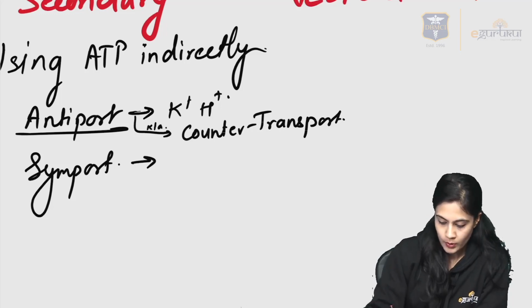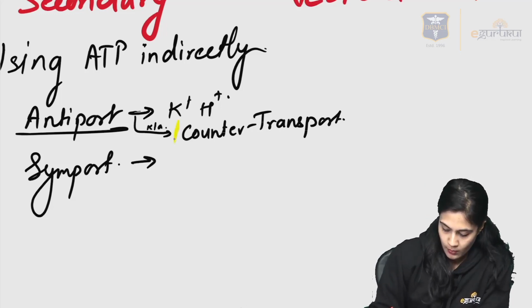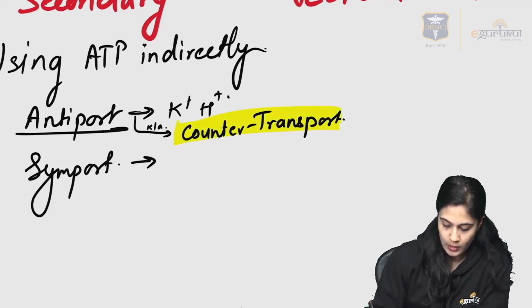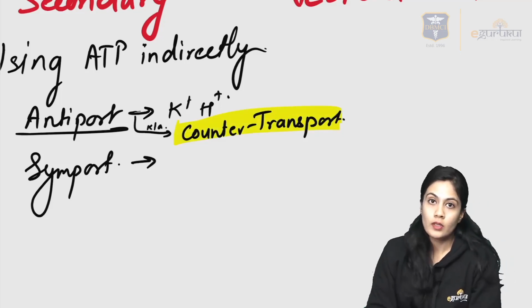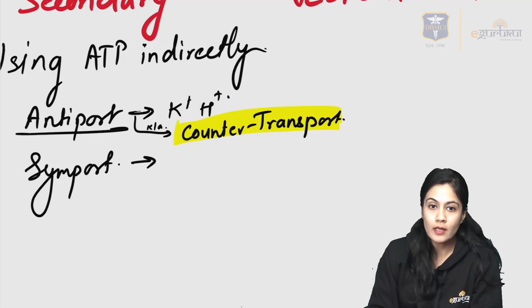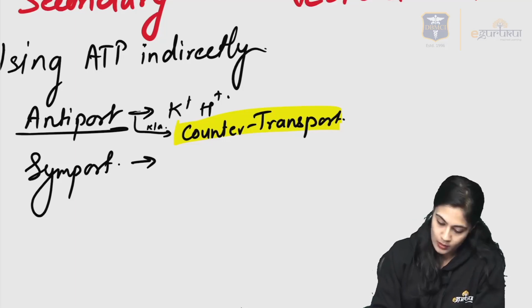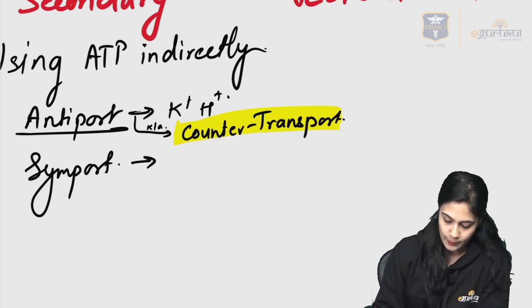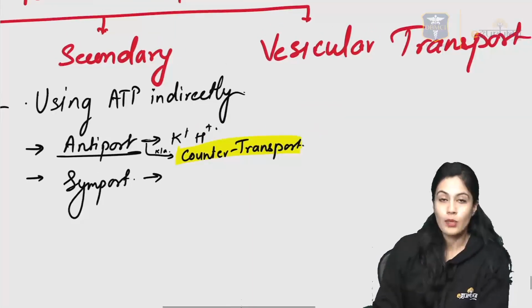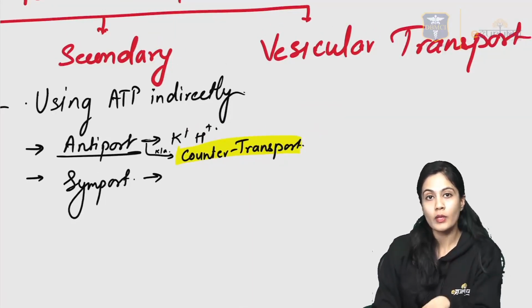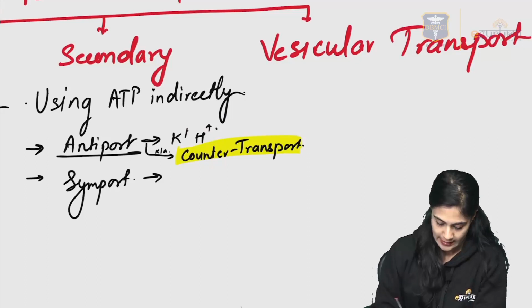Why I am telling you this is, I saw many short notes on counter transport and students get confused. There is nothing to get confused. If they ask about counter transport, you have to write about the antiports, right? So write down in which system it is coming, how they are going to transport, and the examples, right?